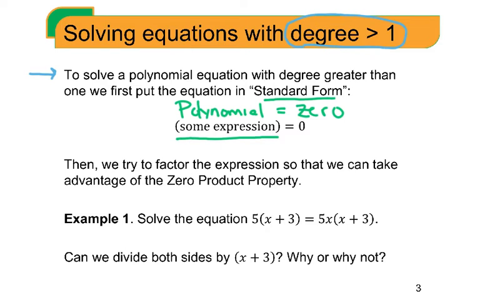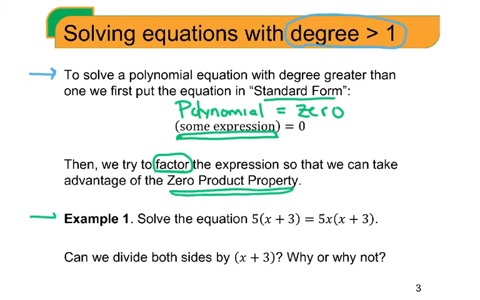Once you've done that, then your goal is to factor that expression. If you can't factor it, we learned some other techniques in chapter 6, but for now, we will hope that we can factor it when we're asked to solve. And the reason we factor is because it lets us use the zero product property.